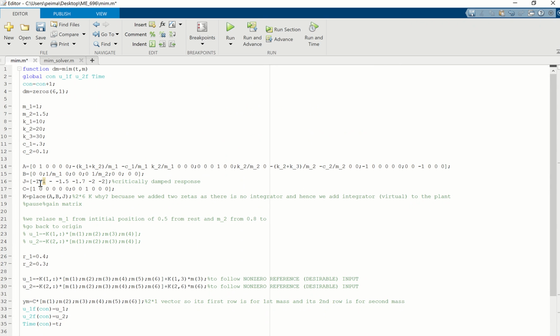a pair of complex conjugate poles. Minus 1, or was it minus 1 plus i, over 0.5.